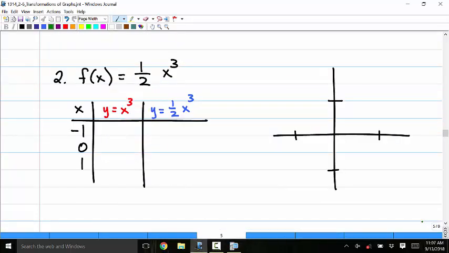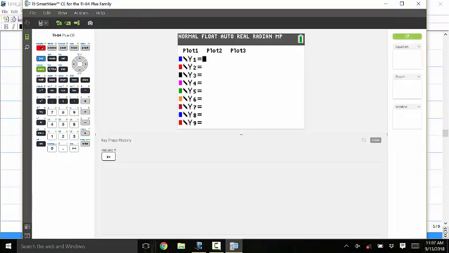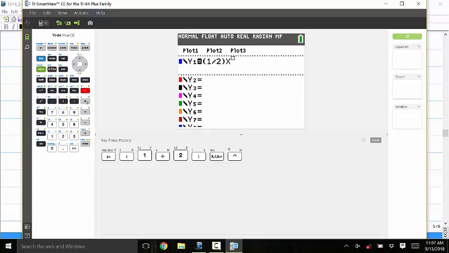Okay, for the example y equals 1/2 x cubed, I'm going to do the calculator first this time. Under your y equals, in the blue, we want to do 1/2 x cubed. So 1/2 x. There is a cube button, but I think it's easier just to do the caret, which is above the division sign, and say raised to the 3rd power.